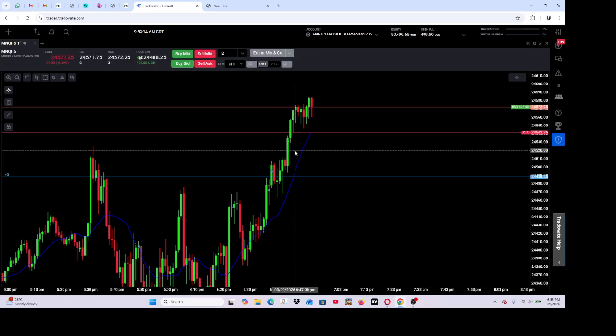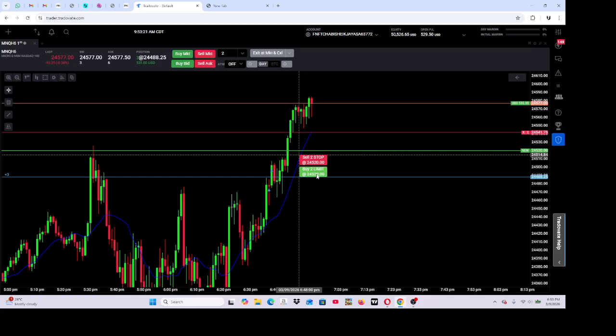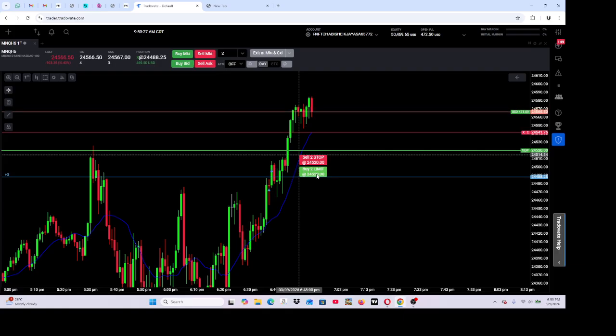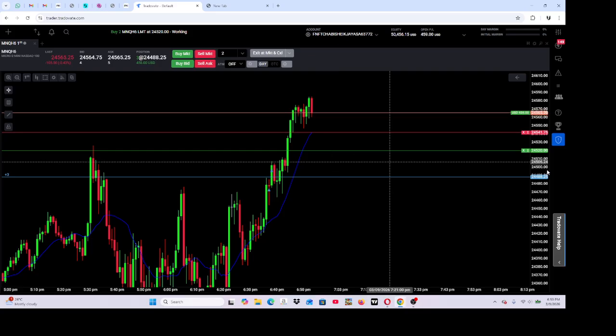So I'm going to set a new order here. It should be a buy limit order in this zone. If it comes to this zone, I will definitely love to push more higher, with the buy limit order.